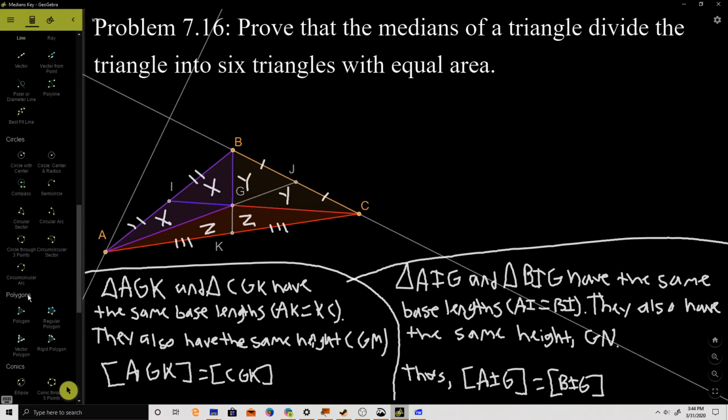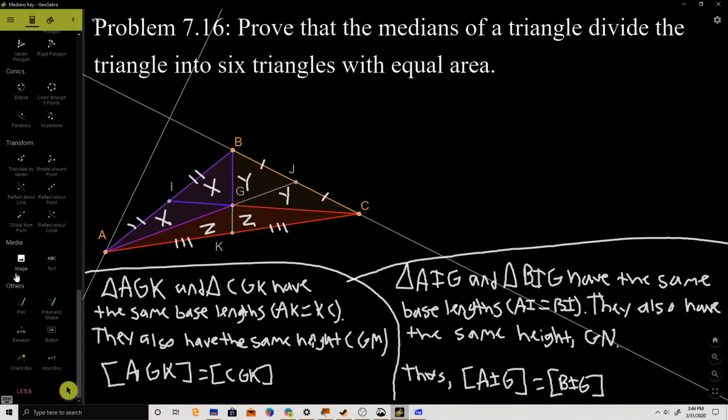Now it's a little bit more clear about what my height actually is. So the 90-degree angle is formed here. And I'm going to call this, I don't know, Q. So AQ is the height that I'm trying to work with.